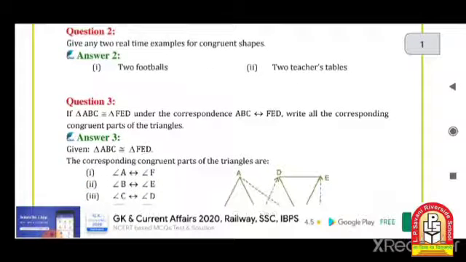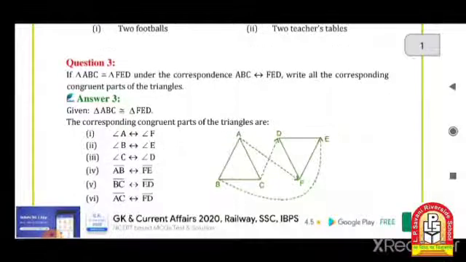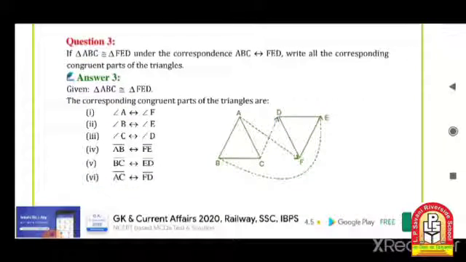In question number 3, triangle ABC and FED under the correspondence ABC corresponds to FED, write all the corresponding congruent parts of the triangles. So in this chapter we have to learn about triangles ABC and DEF with the congruency characteristics, and here we know the conditions.